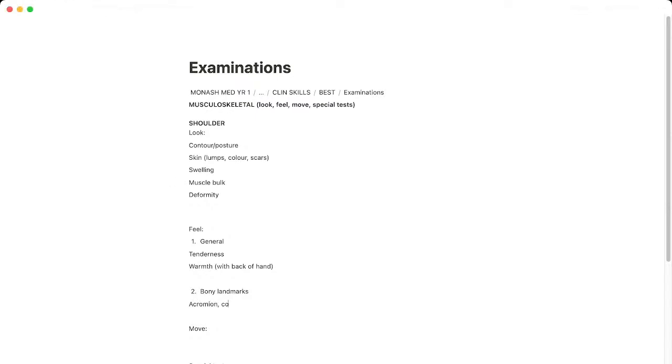Acromion, coracoid process, humerus, clavicle. Yeah, everything else isn't that important.